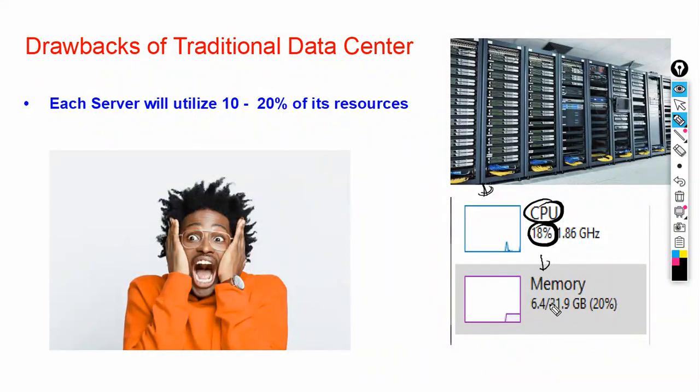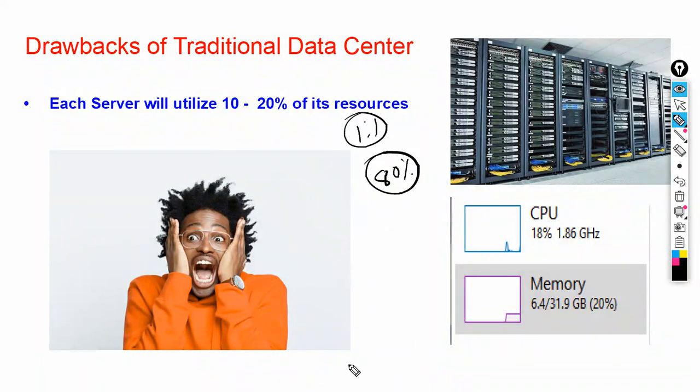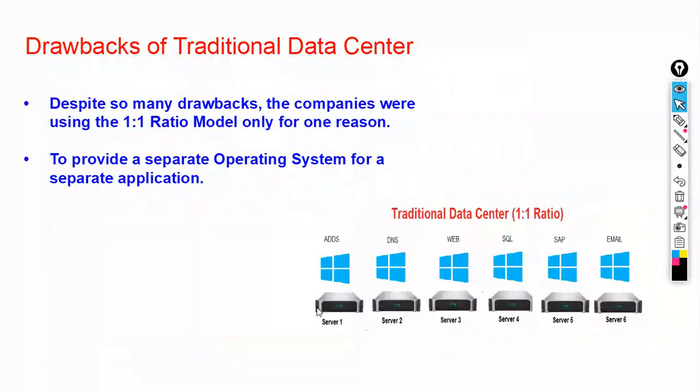What is the memory utilization? 20%. Which means we are wasting around 80% of resources if we follow the traditional data center. We are spending a lot of money, and we utilize only 20%. Is it acceptable? No, it wastes money. So we need a solution.